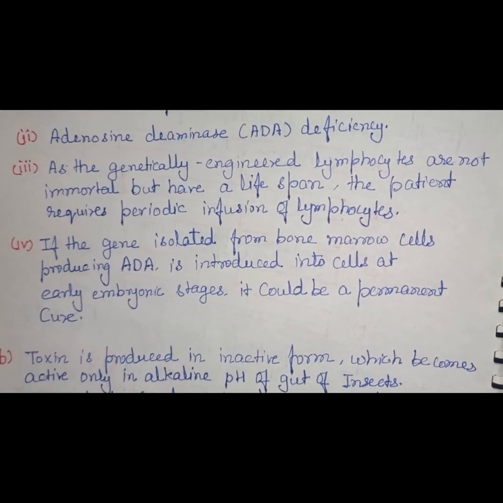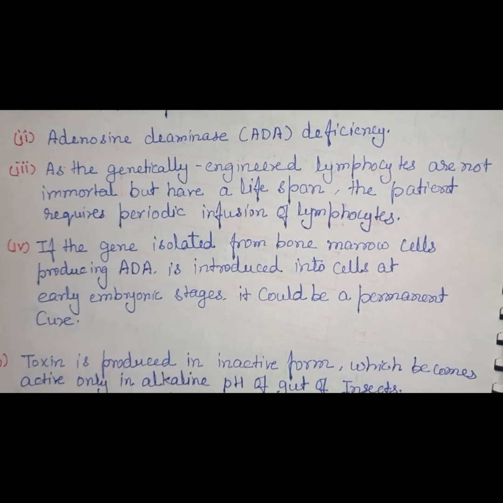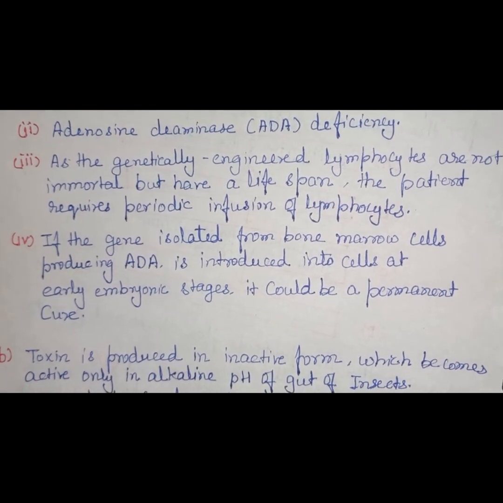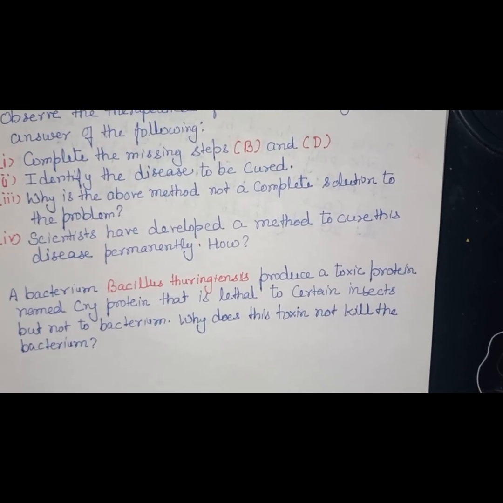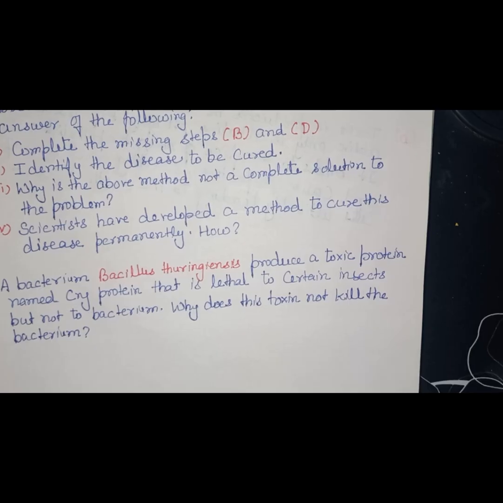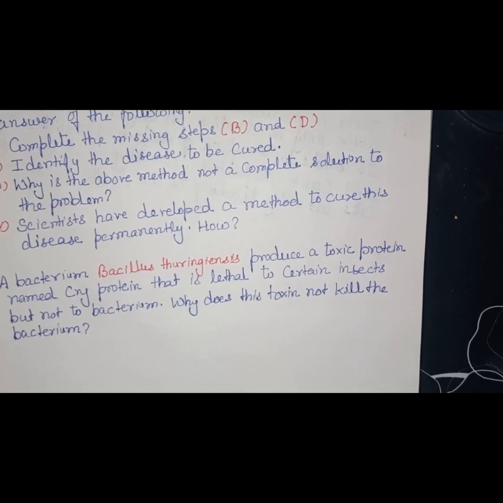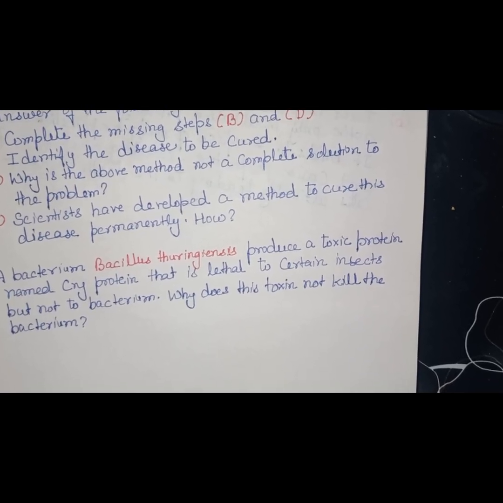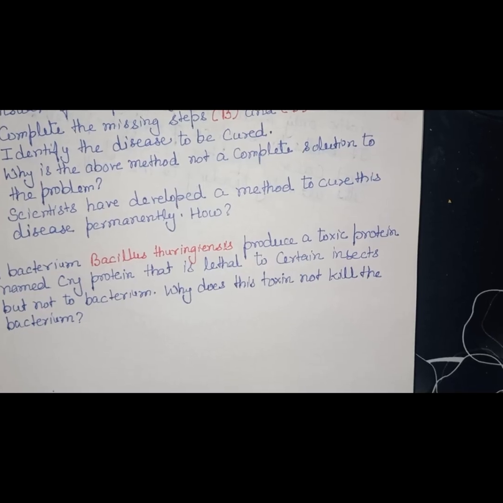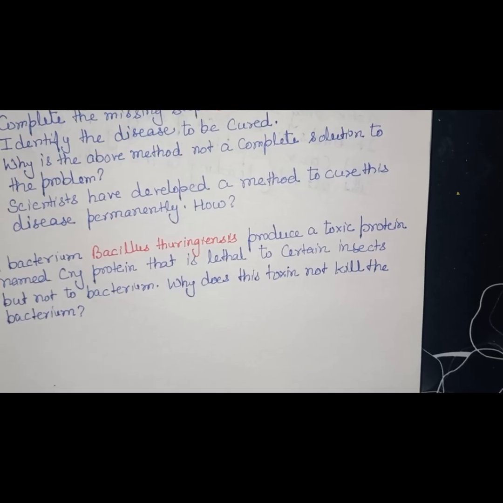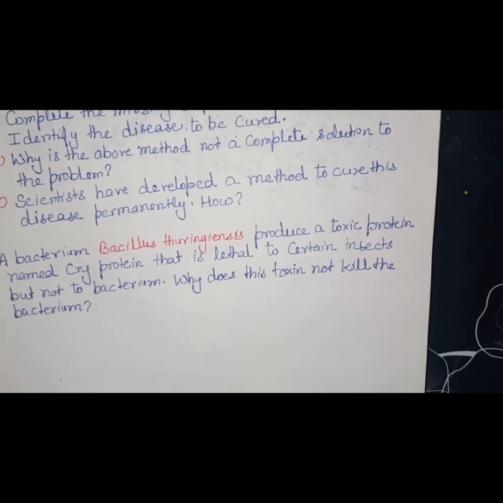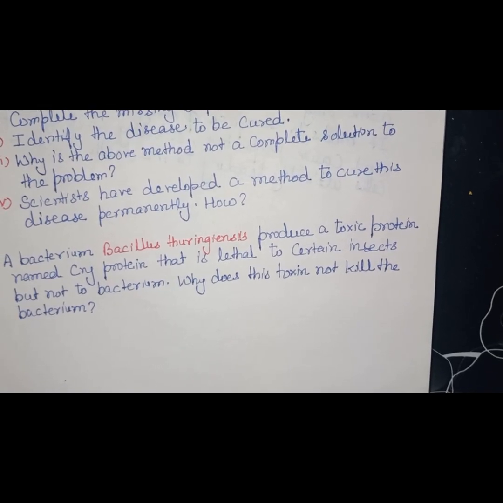After all, there is another question which is very important and is a type of revision. The bacterium Bacillus thuringiensis produces a toxin protein called cry protein, which is actually lethal to certain insects, but not to the bacteria. The question is, why does this toxin not kill the bacteria?